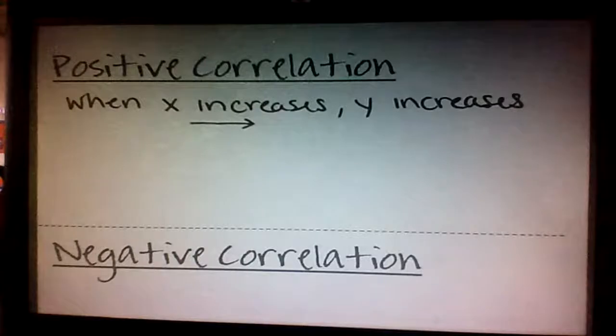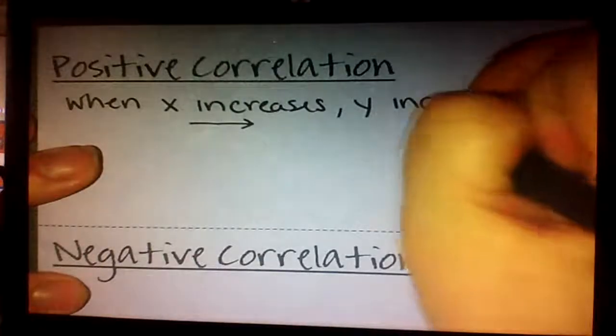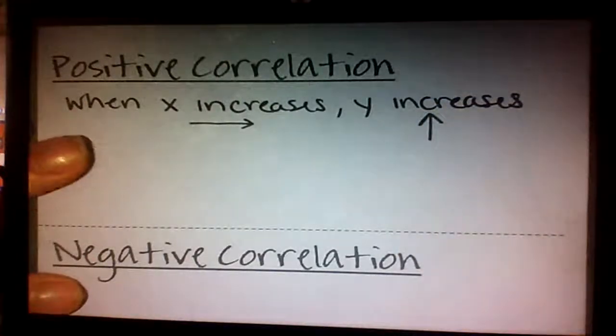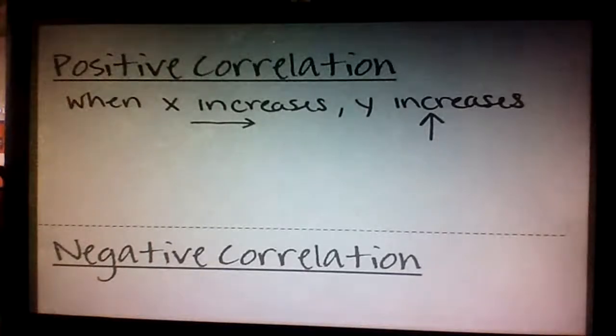So when X increases, we're moving to the right. Remember, your X-axis goes left or right. So if X is increasing, I'm moving to the right. If Y is increasing, I'm moving up. Okay. So anytime I have a positive correlation, my dots are going to the right and they're going up.